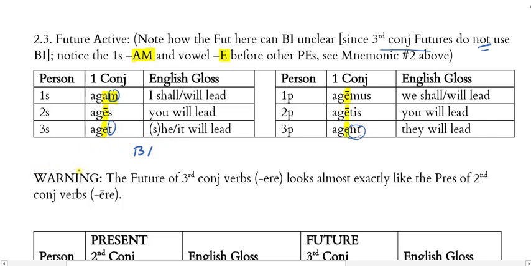And so this is a big fat warning here. The future of third conjugation verbs, such as we see right here, those third conjugation verbs with -ere, with the short E, look almost exactly like the present tense of second conjugation verbs that end with -ere.